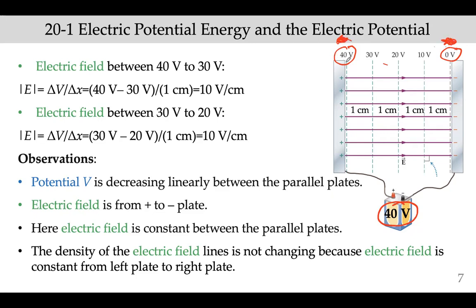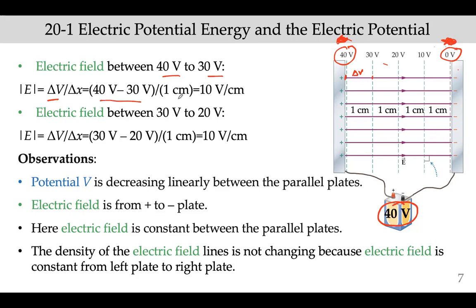So the potential as you move to the right decreases. It starts from 40 and becomes 0 on this conductor. Now let's calculate the electric field between 40 volts and 30 volts. Here it's 30 volts, here it's 40 volts. There is a potential difference, delta V, and there's a distance which is 1 centimeter.